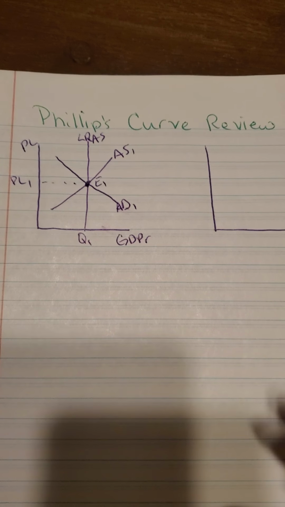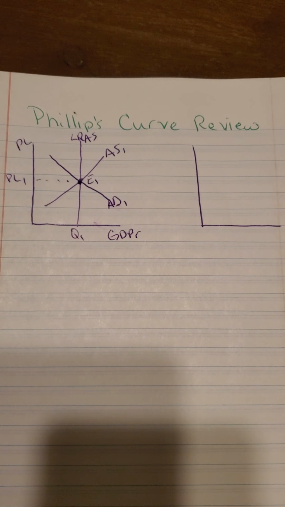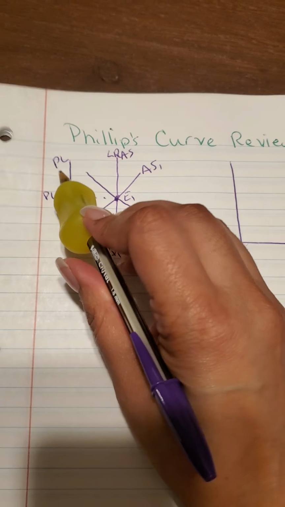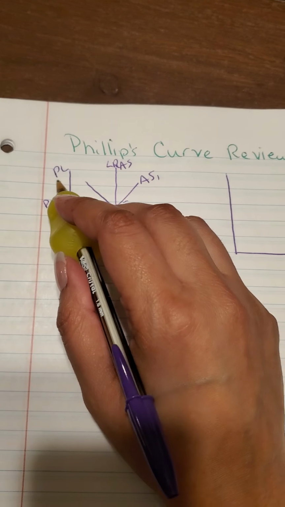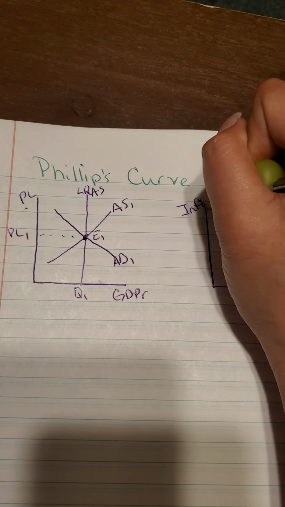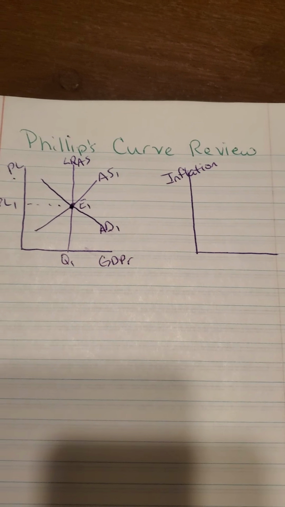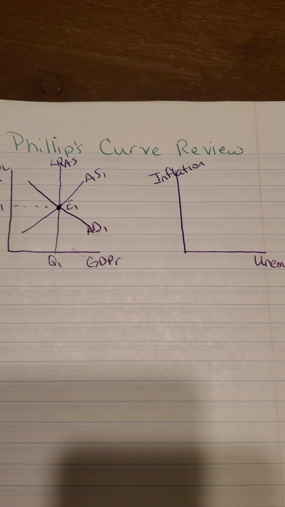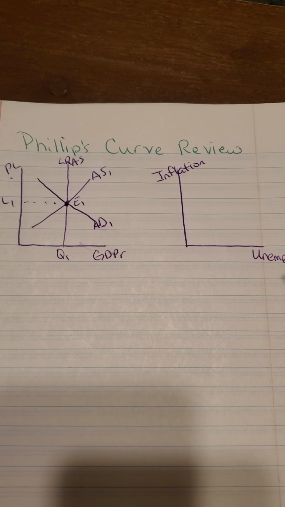All right, so moving on to our Phillips curve. Just as we have price level on the aggregate model, we'll have inflation on the Phillips curve. So inflation goes on the y-axis and unemployment on the x-axis.